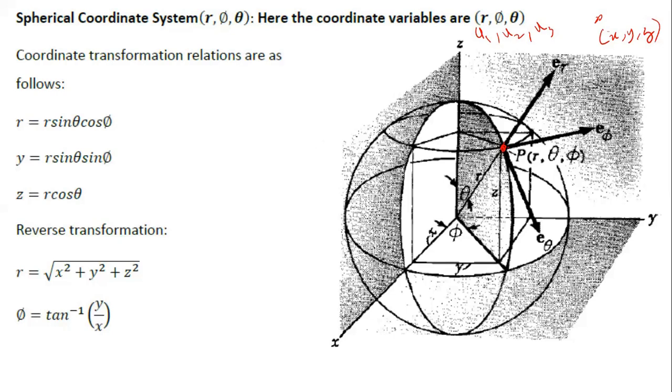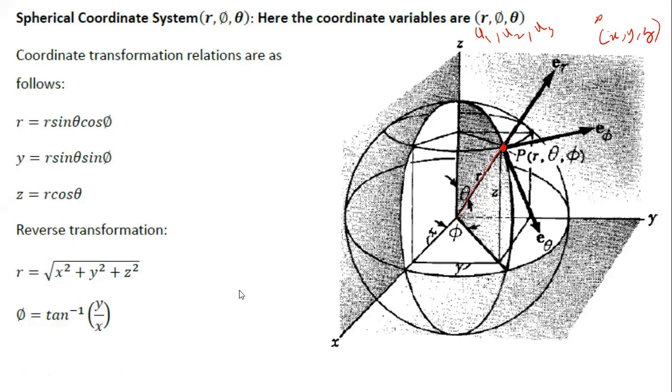R is simply a measure of distance of the point P from the origin. The distance from this origin to this point is called r. By the definition of r, you will know what the range of r will be.